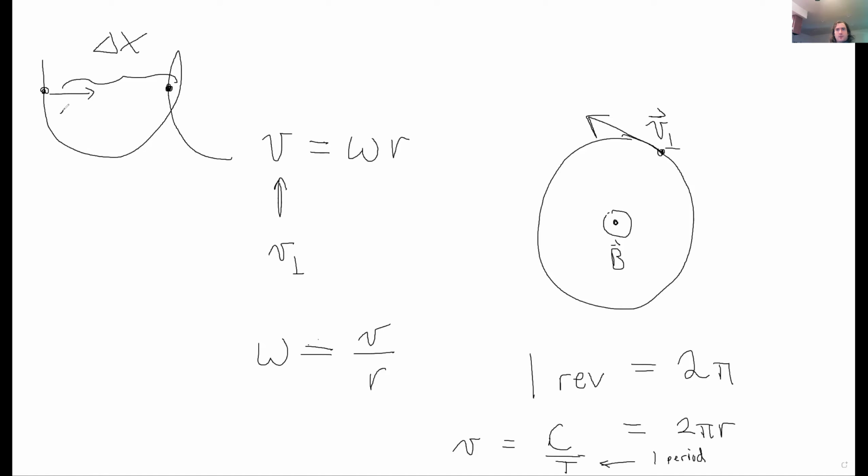So you just get the time that it takes to go around one revolution and set that time times the x component of the velocity is delta x. That's how you get the pitch. Does that make sense? So this time right here is the time for one period of the circular motion. Does it make sense?